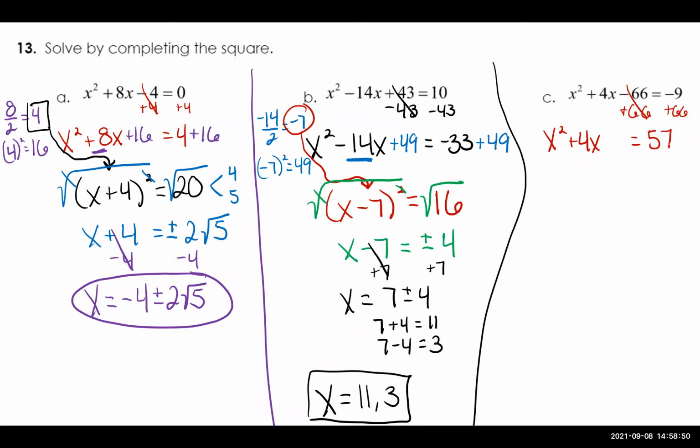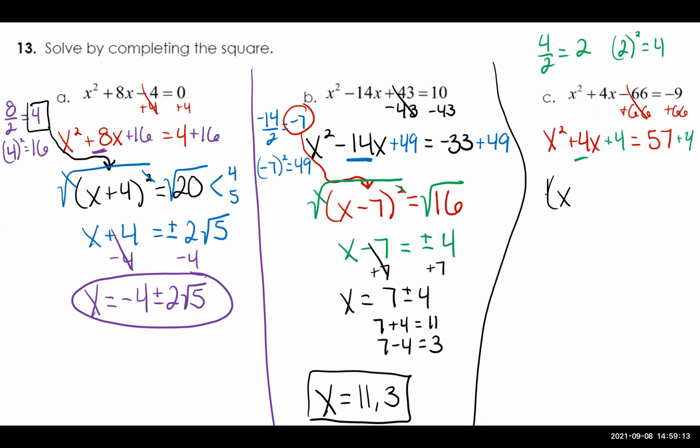Next, I want to take my coefficient of x, so my b term. I'm going to half it. So 4 divided by 2 is 2. Then I want to square it to get a positive 4, and then I want to add that to both sides. It will always be half, it will always be square.